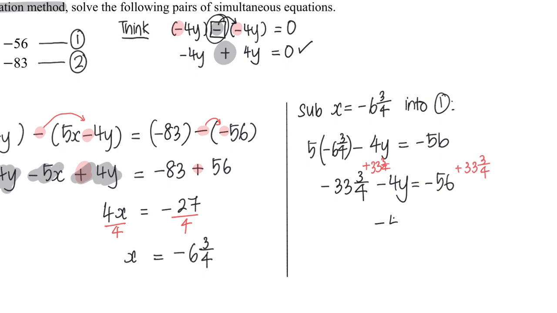So I'm left with negative 4y here. Well, this will give me negative 89 over 4. And after which, what do we do on both sides of this equation? Yes, we are going to divide by negative 4. And therefore, y will be equal to 5 9/16.